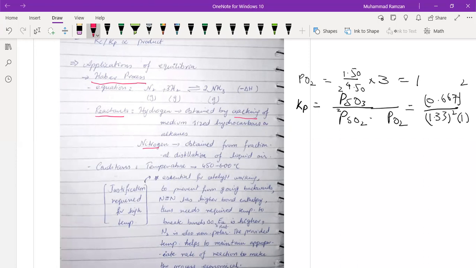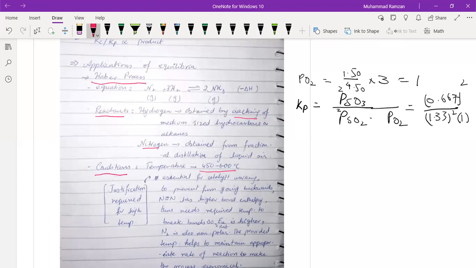Next, come to conditions. Temperature: 450 to 600 degrees centigrade, or even 400 you can quote. But we have to justify this.